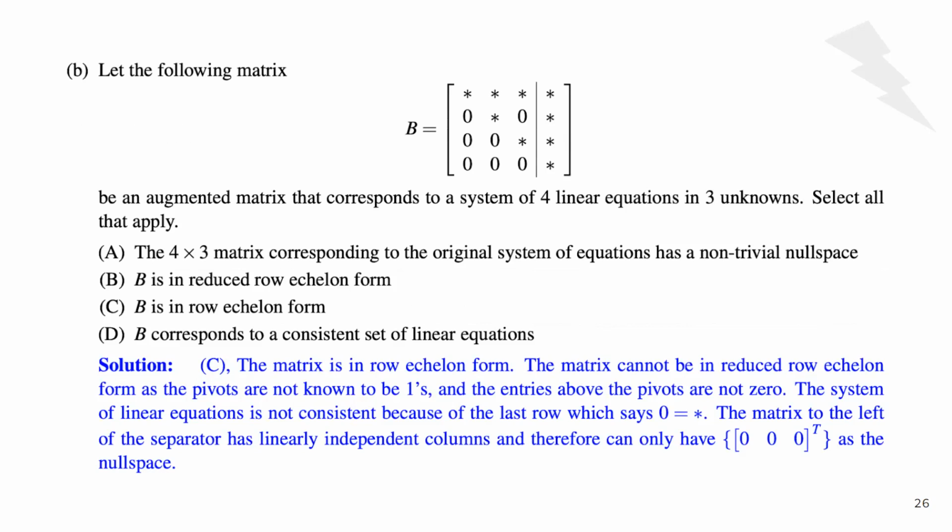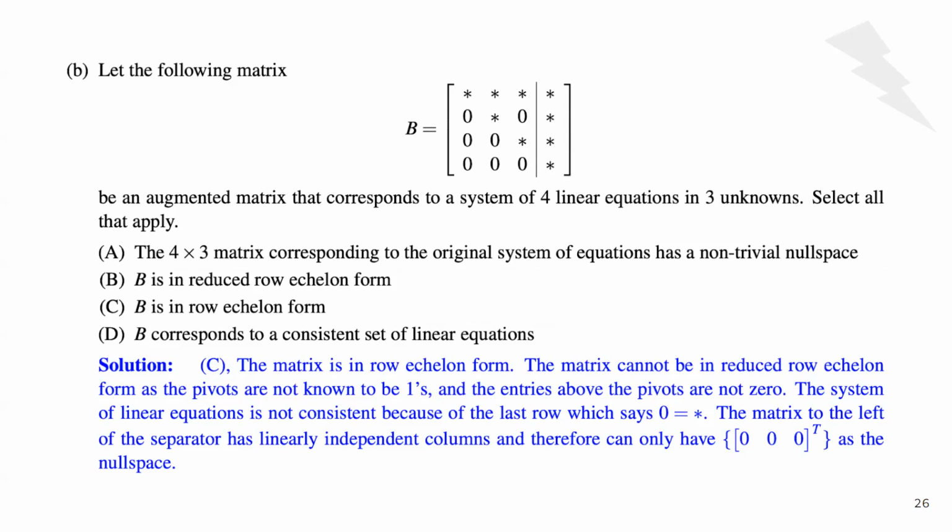We can tell that our matrix cannot be put in reduced row echelon form, as the pivots are not known to be ones. When we're in reduced row echelon form, our pivots, or the values on our diagonal, are equal to 1. And we can't entirely say that because we know them as stars as of now.